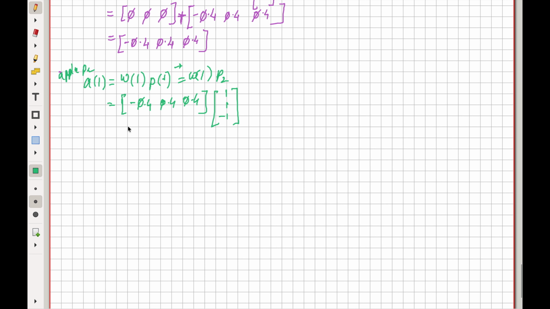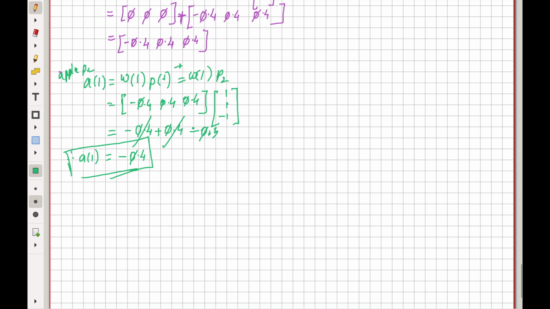We calculate the predicted value, which is -0.4 plus 0.4 minus 0.4, so these cancel out. So we get A1 equal to -0.4. So that's what we have.